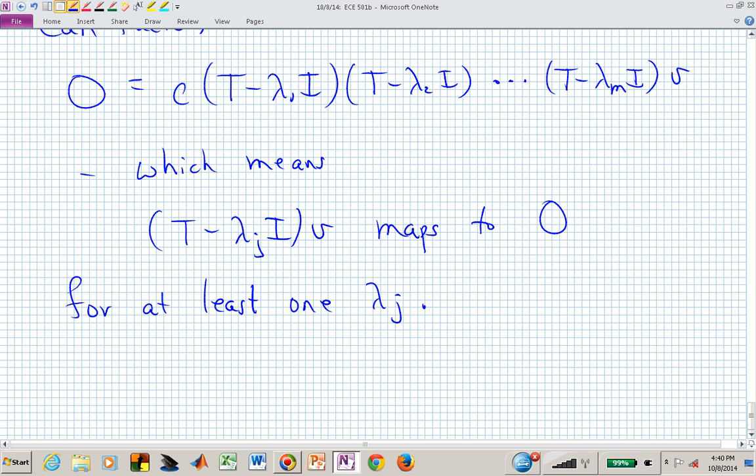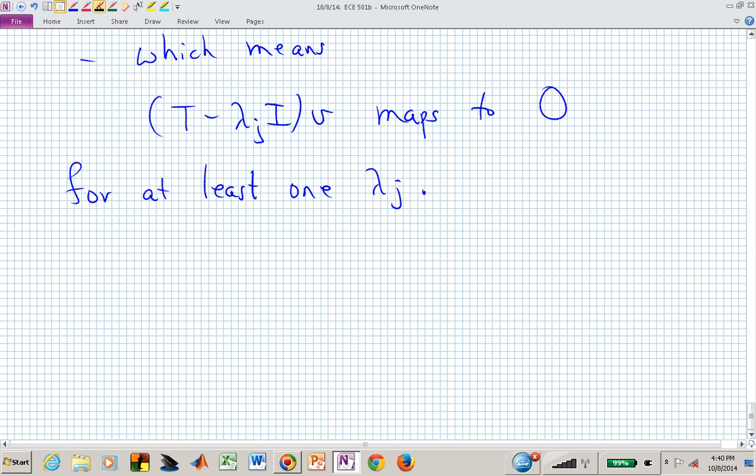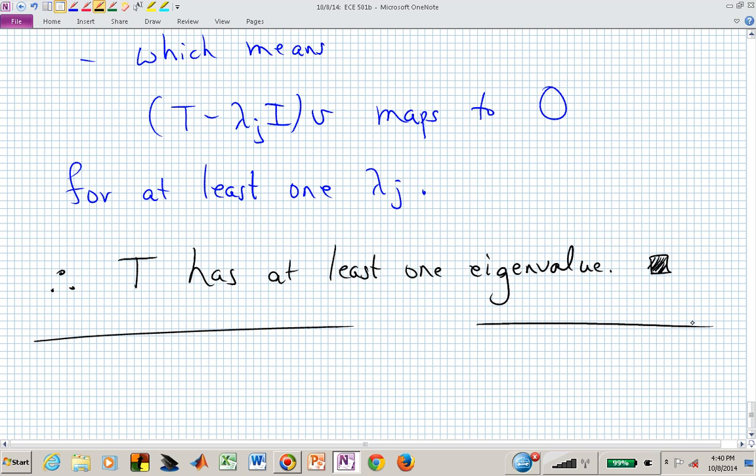So we now have the conclusion that we were wanting to find. Therefore, T, this operator, has at least one eigenvalue. And that's what we were trying to show.